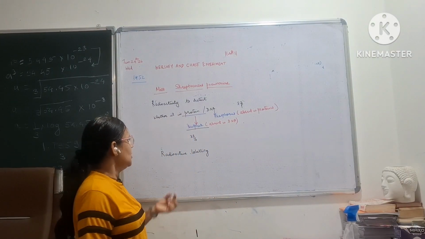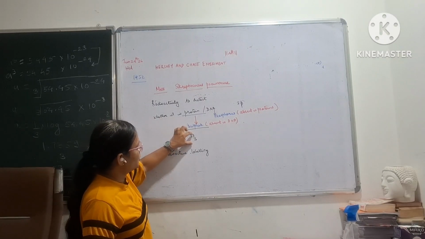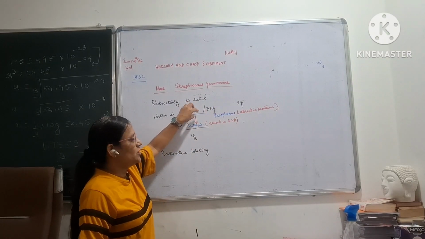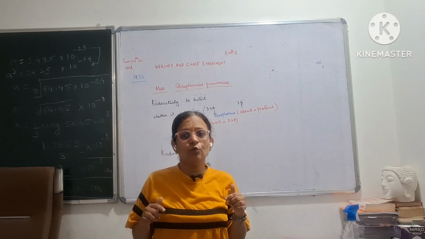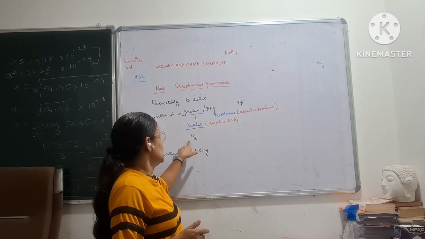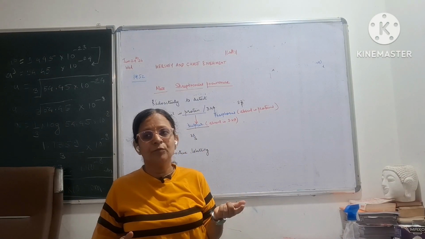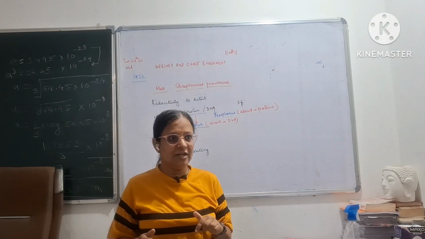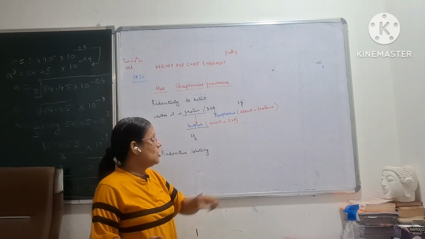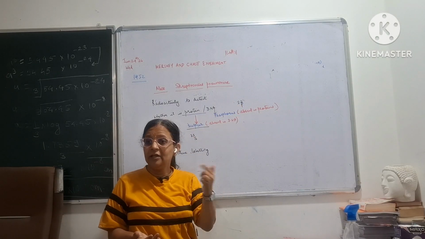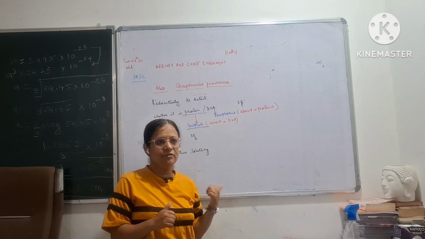In the same way, radioactive labeling means we are incorporating these radioactive isotopes in proteins and DNA, so that we can see which kind of element or which kind of isotope is entering into the bacterial cell, whether it is S35 or whether it is P32 entering into the bacterial cell after the infection of that virus.